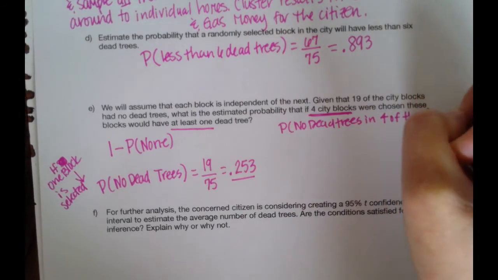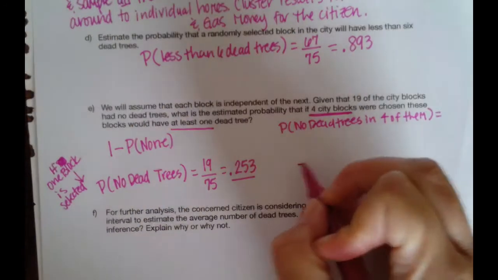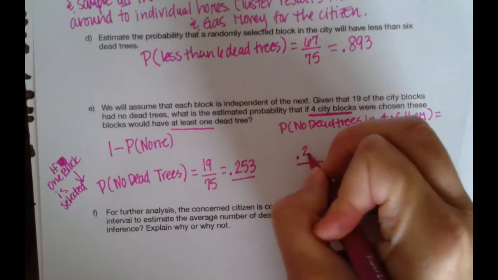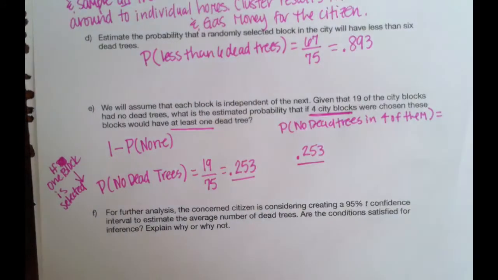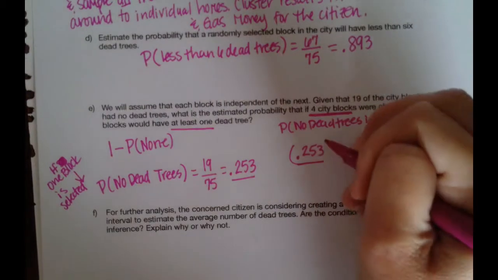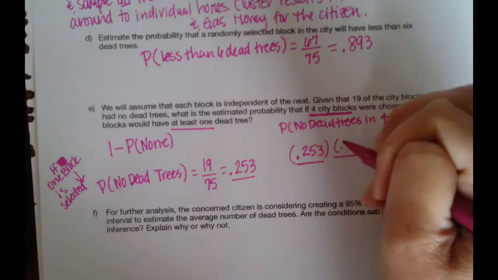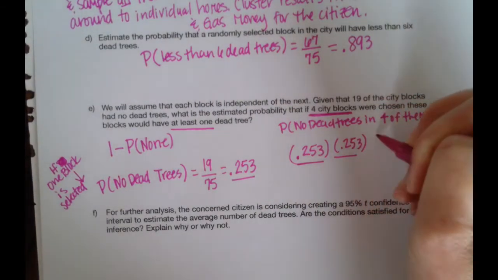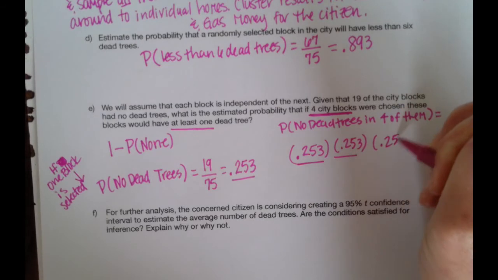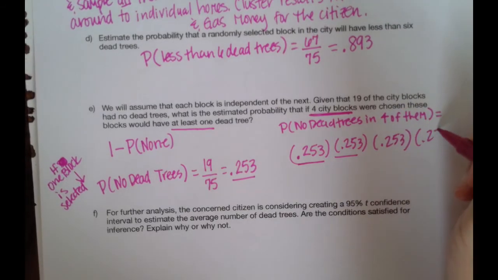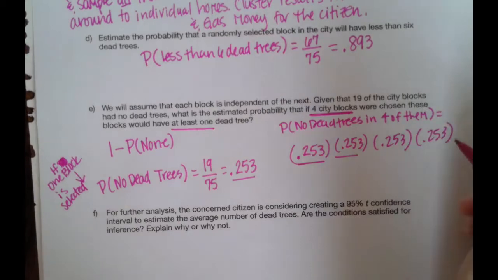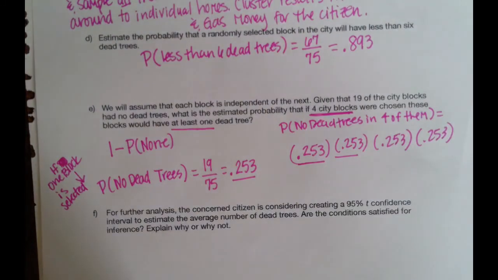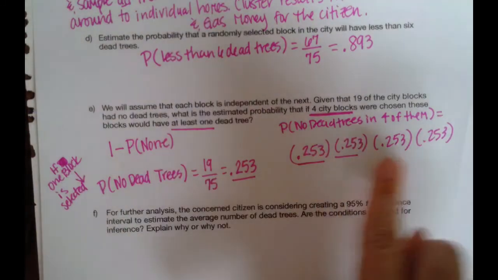Okay, so we got to think about this. We select 1, and the probability of having no dead trees is 0.253. We select another one, no dead trees. No dead trees. No dead trees. So that's the probability of finding no dead trees, and we just want to find the complement of that.